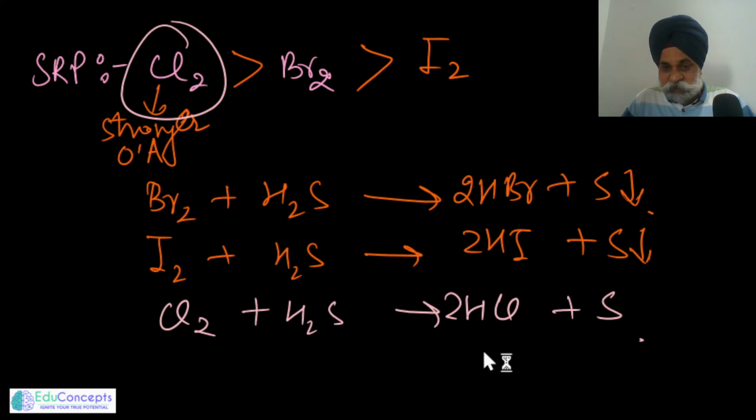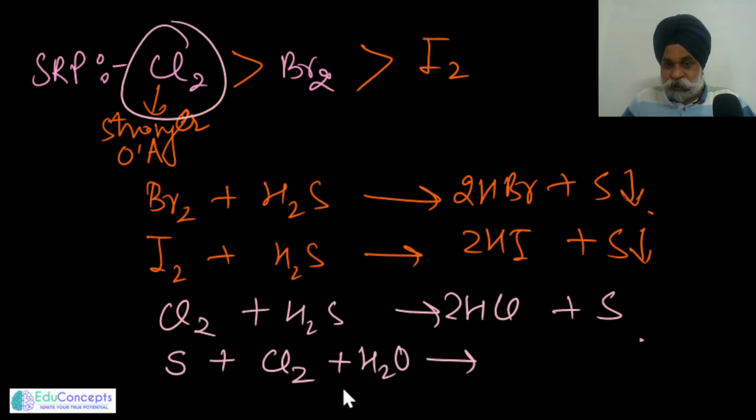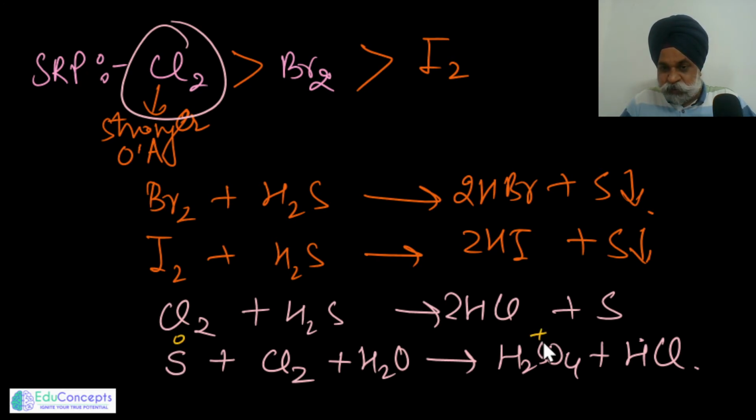But the reaction doesn't stop here. This sulfur, in the presence of chlorine, being a stronger oxidizing agent, would be oxidized further, just the way I am showing. It happens to give you sulfuric acid and HCl. What I am trying to say is, this sulfur, which is in zero oxidation state, goes to +6, and in doing so, how much water should I require? This would be 6, and the hydrogens I need to balance.